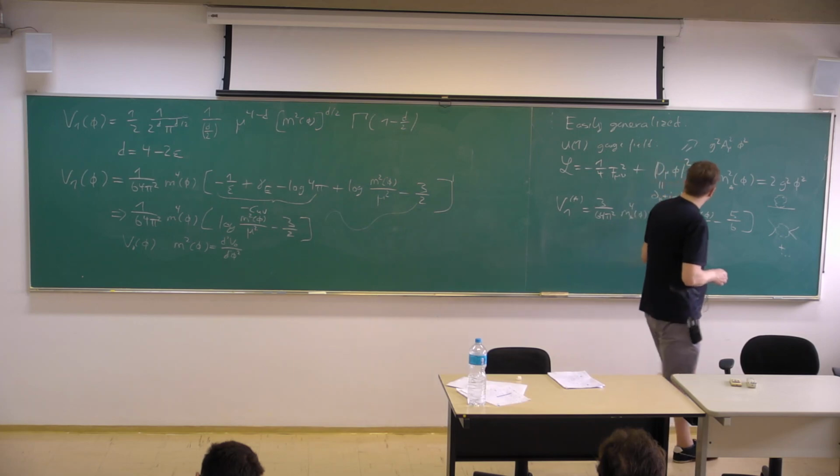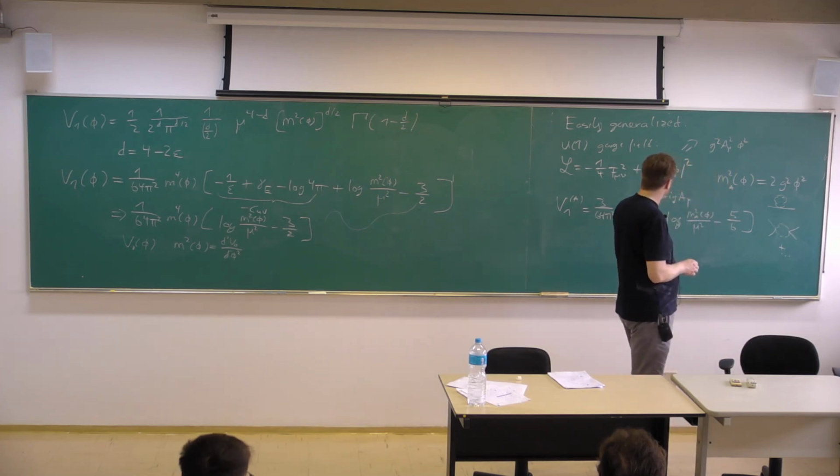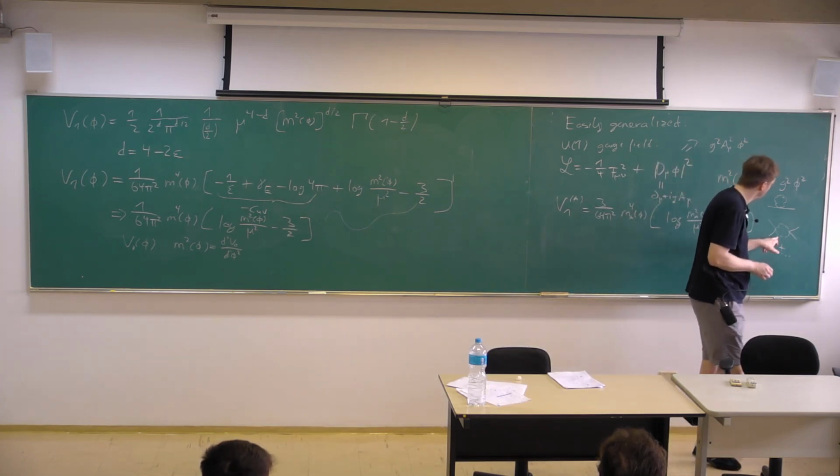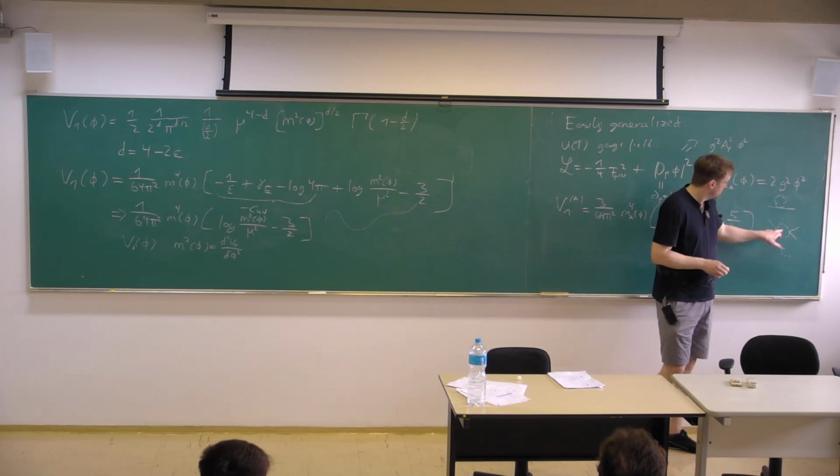I'm not 100% sure about the details, but I think the point is that you can have contributions with ghosts running in the loop, but this contribution cancels or is zero.